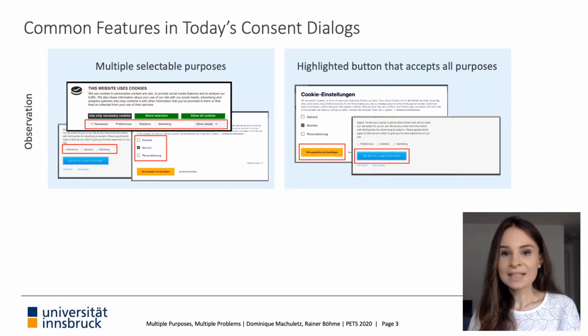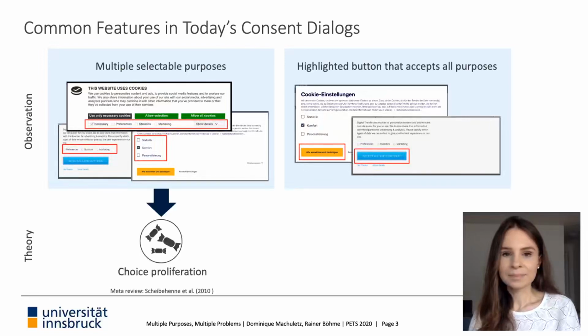Since user studies integrate better into the body of knowledge if the links are derived from established theory, we revisit 2 relevant theories for explaining the effect. Specifically, we relate the multiple purpose selection in dialogues to the theory of choice proliferation. This theory says that the number of presented choices influences an individual's satisfaction with the decision. More options cause more stress, the tragedy of choice.